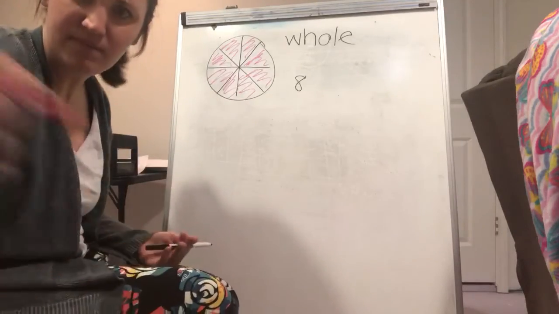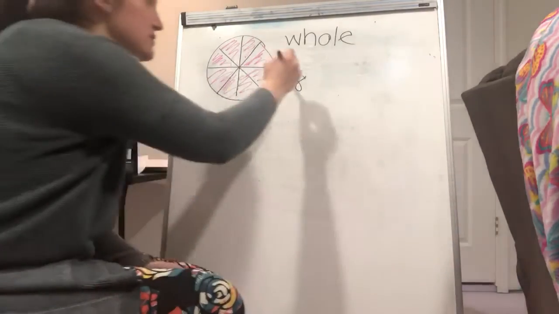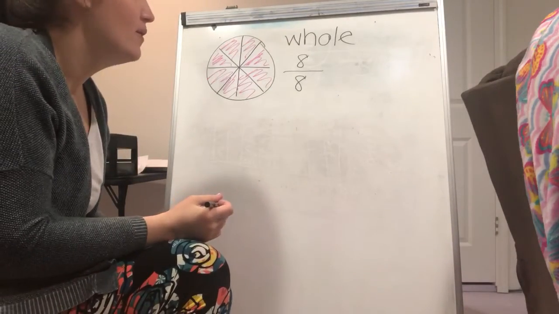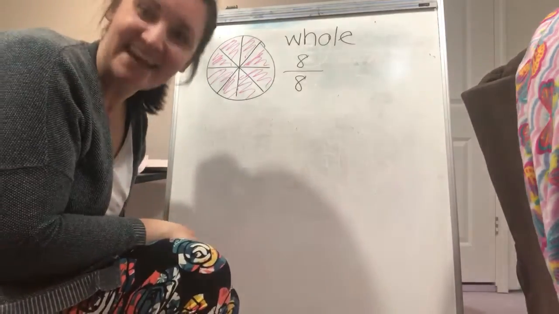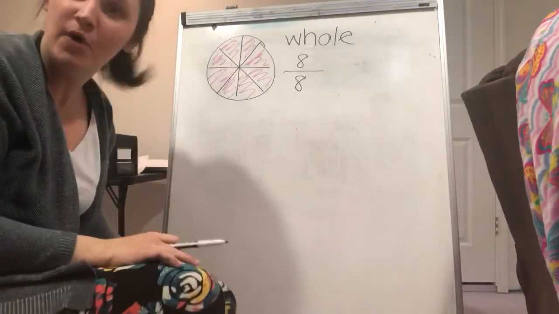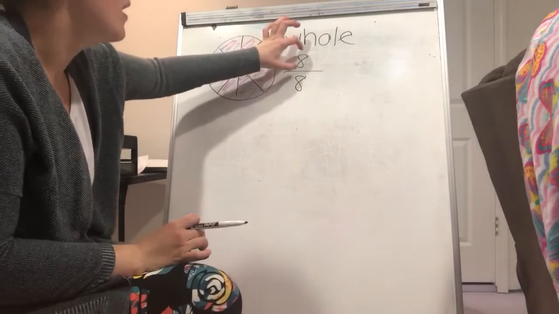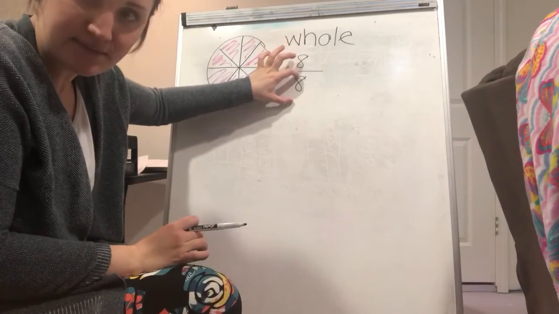How many did I shade in? 8 pieces. Out of how many? 8 pieces. Hold on, isn't that the whole thing? Yes, that is the whole pie. So we can represent a whole number by saying I have 8 out of 8.